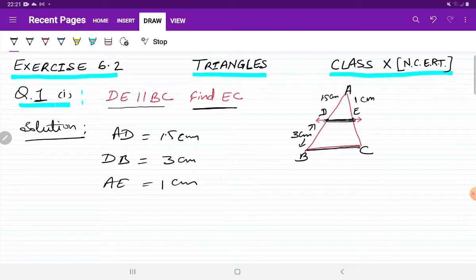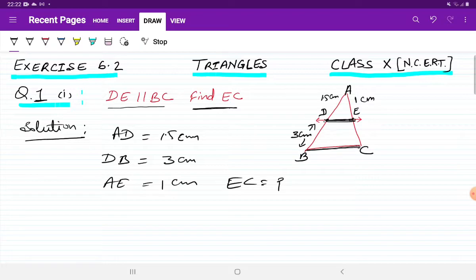And EC, this we have to find out. First of all, you have to check whether all the units are the same, all sides in centimeter or meter. If any unit is not the same, you have to make it the same.